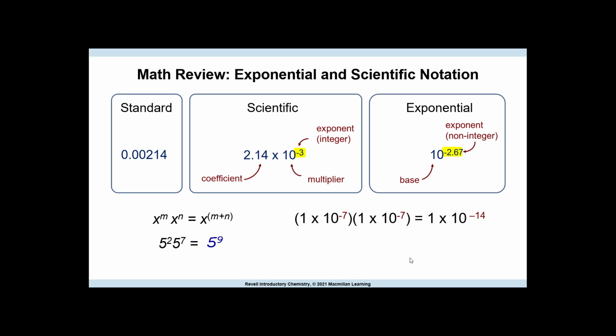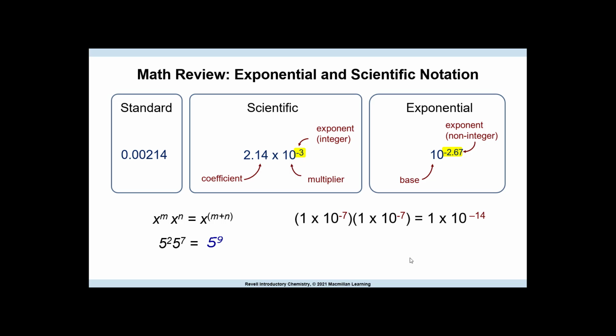In exponential notation, we write the same value as 10 to the negative 2.67. In exponential notation, there is no coefficient, only a base, which will always be 10 for our purposes, raised to some exponent.